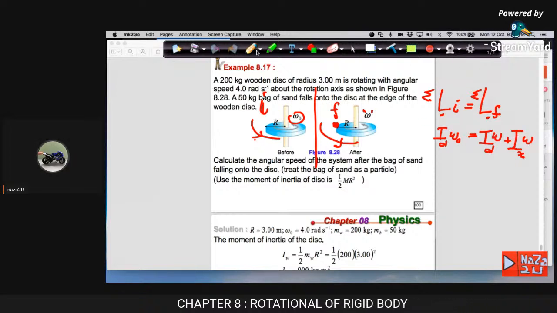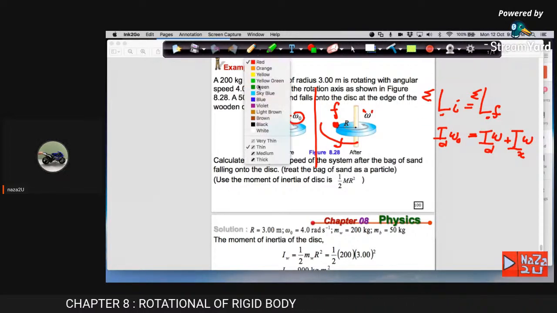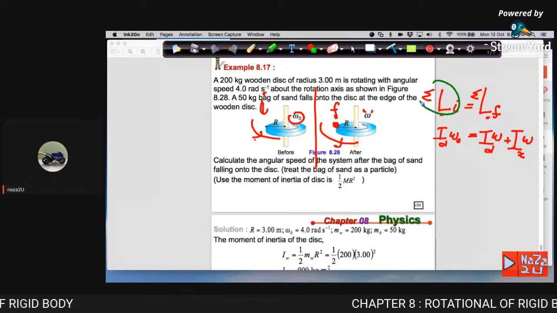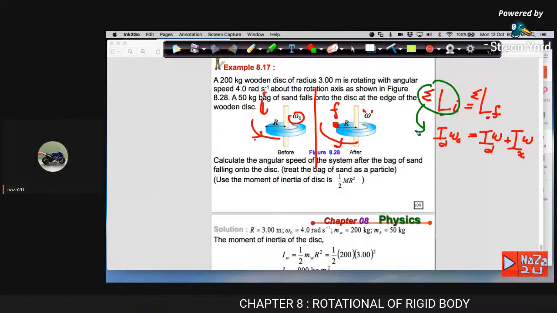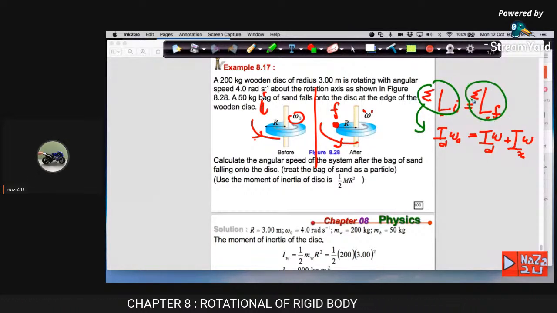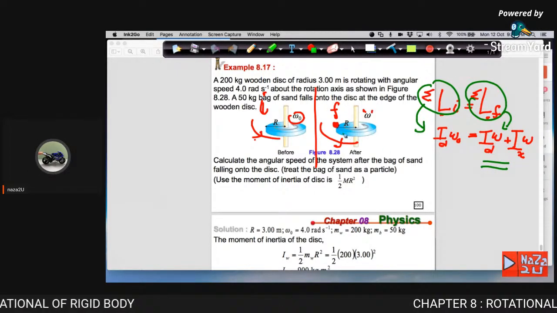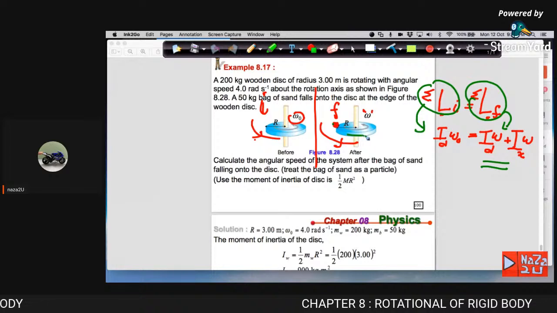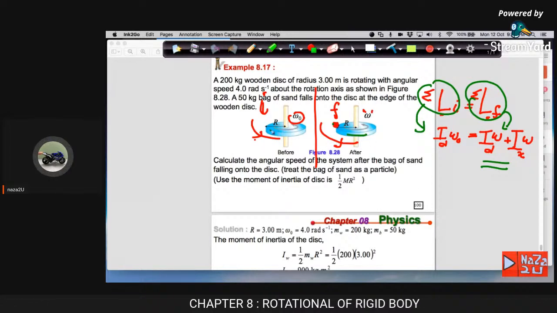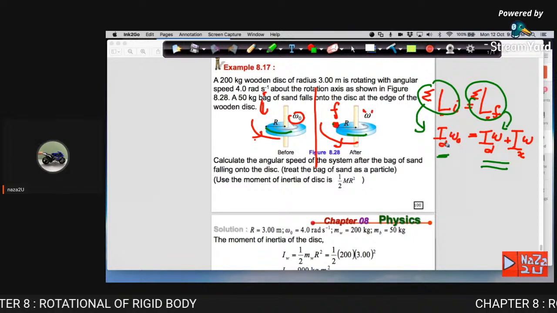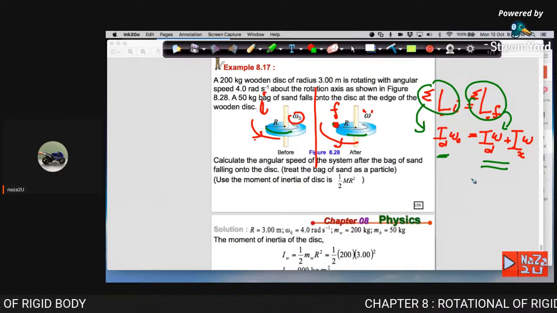This is total angular momentum before and total angular momentum after. After tu ada dua kerana jasad dan disk. Kalau yang sebelum kita cuma ada disk sahaja. Biasanya dalam soalan dia nak cerita, cuma saya nak kaitkan kat sini perkaitan.